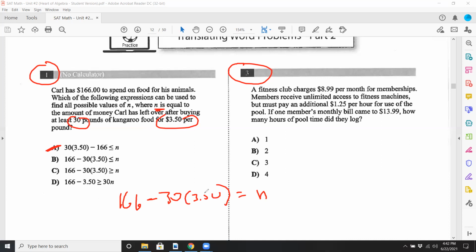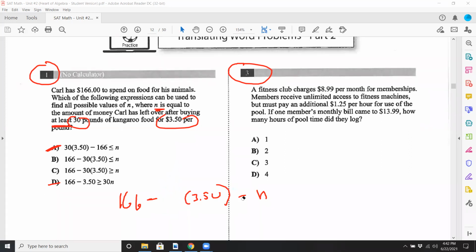However, this is the part that's a little tricky, but we know it's going to be B or C, so you can always make a guess. It says at least, right? That's the tricky part. So you could have spent more money, or bought more pounds. Like maybe you could have bought 40 pounds of kangaroo food. So we know for a fact that N can't be more than this number.